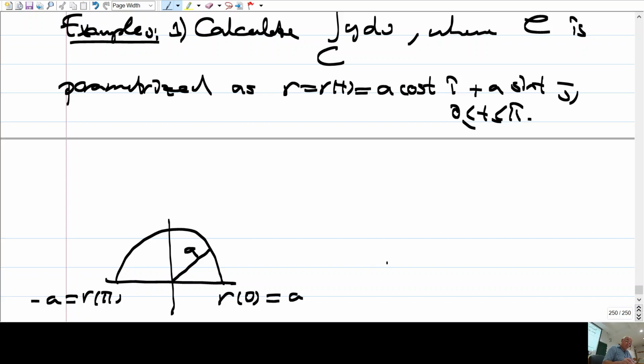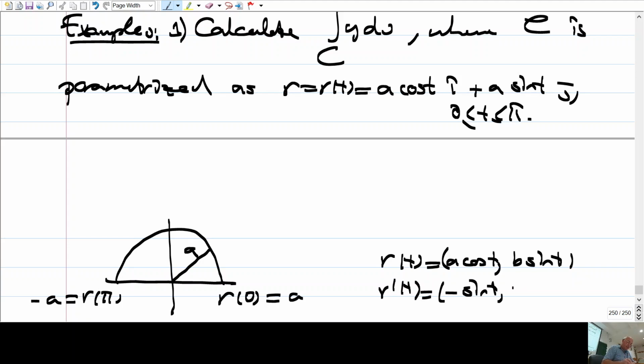So what is ds? r(t) is just a cos t, a sin t. Then r prime is just minus a sin t, a cos t.